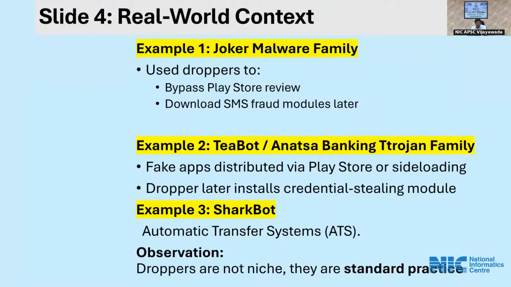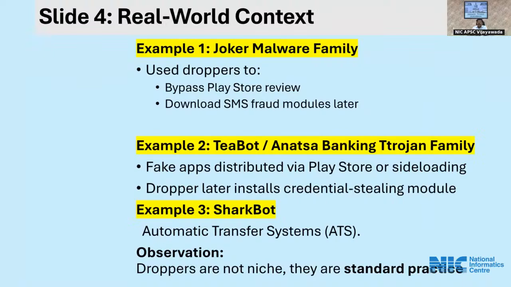And the third one is the Sharkbot malware. This is another banking Trojan that used droppers disguised as antivirus apps and file managers. Sharkbot introduced an advanced feature, the automatic transfer system, also known as ATS. Once it gained access, it could automatically navigate the victim's banking app, initiate transfers and complete them using stolen OTPs, all without any user interaction beyond the initial permission grant.